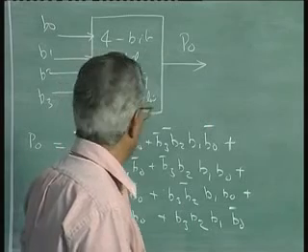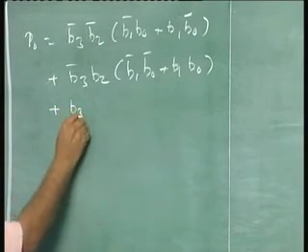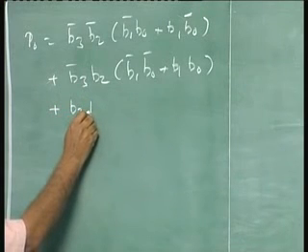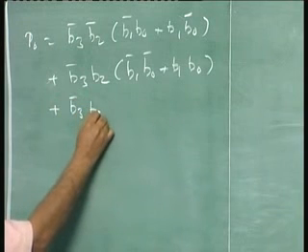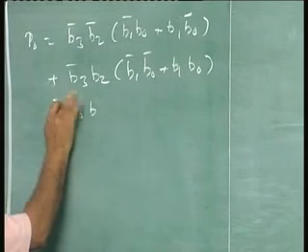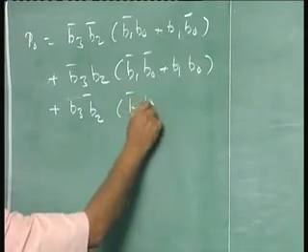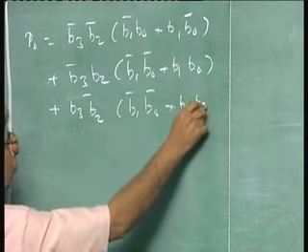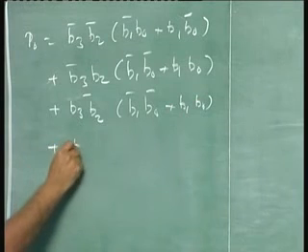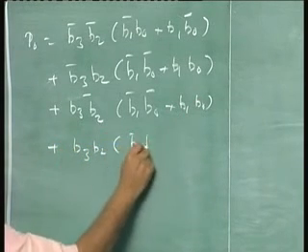Next is B3 bar, B2 bar, B3, B2, B3 bar, B2, B3, B2 bar, B1 bar, B0 bar, B1, B0, and finally B3, B2, B1 bar, B0 bar.